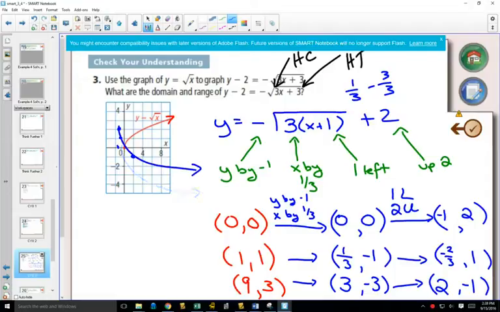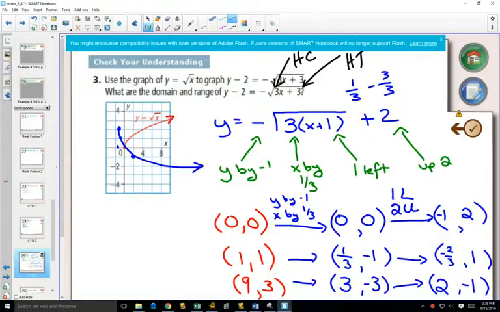So that's the shape that I need to have for my final graph. It needs to start at this point and curve that way. And you can mainly see that by the negative. Because the negative flips it down, you can see what the shape would be if it was flipped down, and then you know what the shape of your final graph needs to look like.